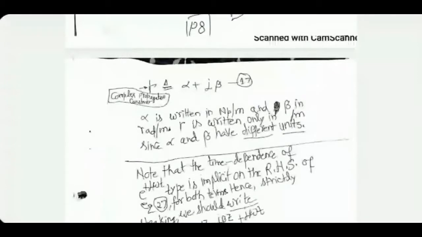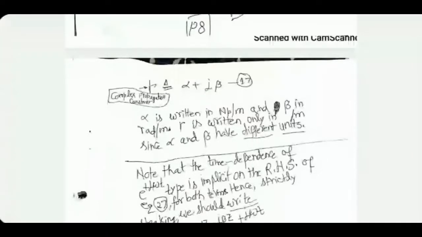So we cannot write a full unit for gamma. We simply say per meter. Alpha is in Napiers per meter, beta is in radians per meter. We cannot mix these two in a single unit. So the method that we use is we write gamma simply as per meter, but we write alpha as Napier per meter and beta as radian per meter.